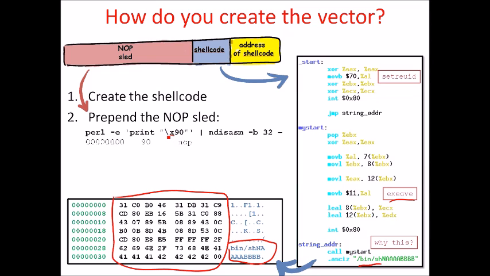Hexadecimal 90 is a NOP operation. So we just create a whole bunch of those, and that's our NOP slide. We add our shellcode to that, and finally we attach the address. So in this particular case, it was this address which was attached to that, and then we have a complete attack vector.